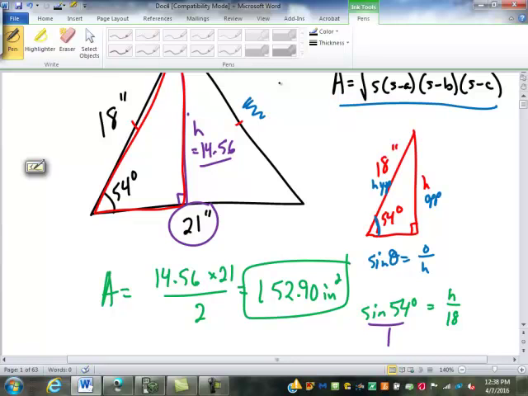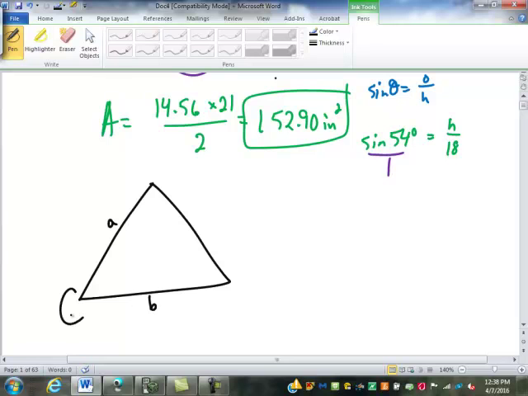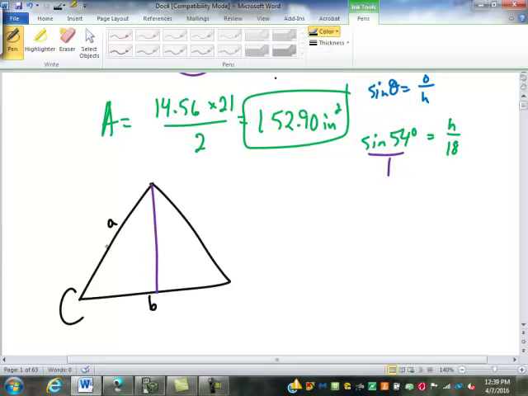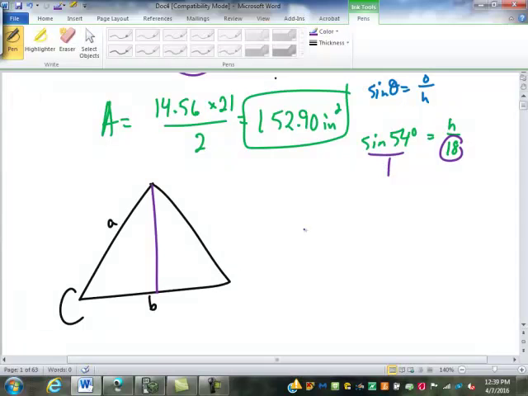So we used our trig to find the height. But whenever we have a situation like this, where we have two sides and the angle between them, this height right here is always going to be that side times the sine of that angle. You notice it was the 18 side times the sine of that angle. Make sense? That is the height.